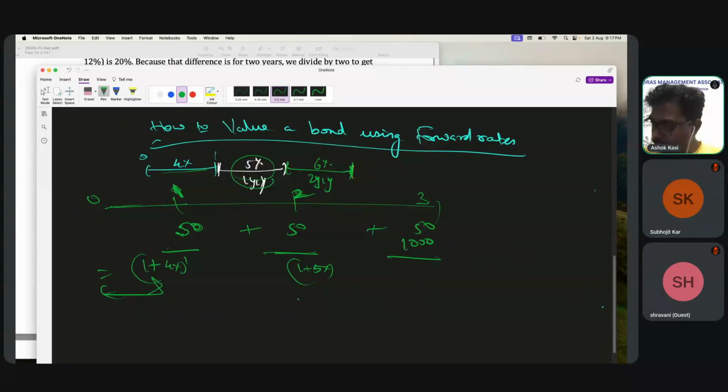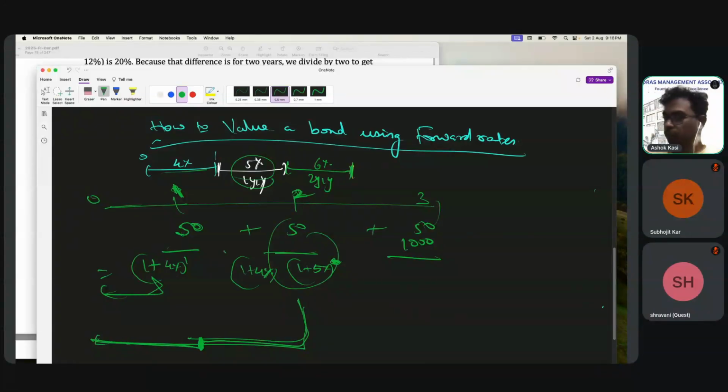It has to come from 2 years, we have to discount for 2 years. I cannot say raise to 2 now. Why? Because this 5% is only for 1 year. So if I discount, it will come only till year 1. Then what to do? From year 1 to 0, it is actually 4%. So when I discount, it will come to this much, and again I have to discount. So I'll do that here itself.